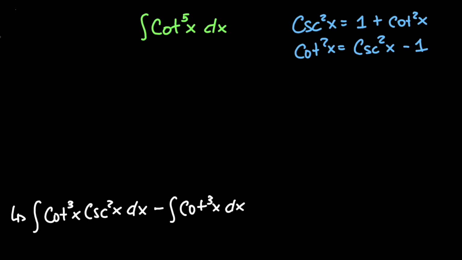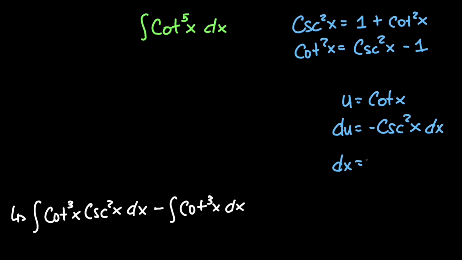And so, let us focus first on the first part once again. Let u here be cotangent of x. The derivative of cotangent of x would be equal to negative cosecant squared of x multiplied by dx. Dx right here would be equal to du over negative cosecant squared of x. So substitute the values.